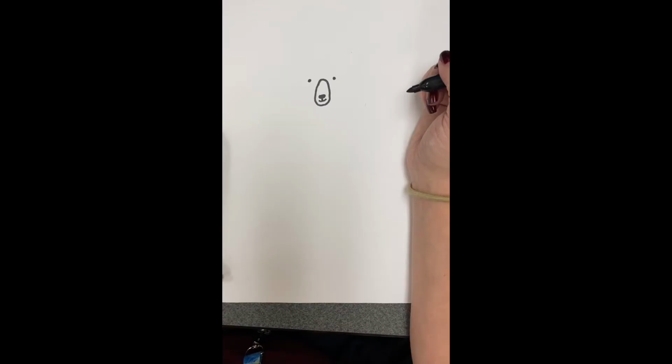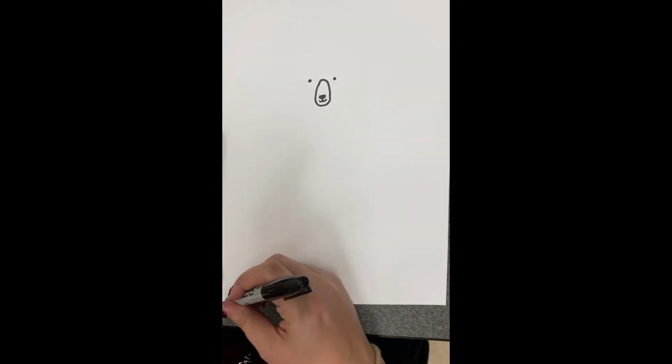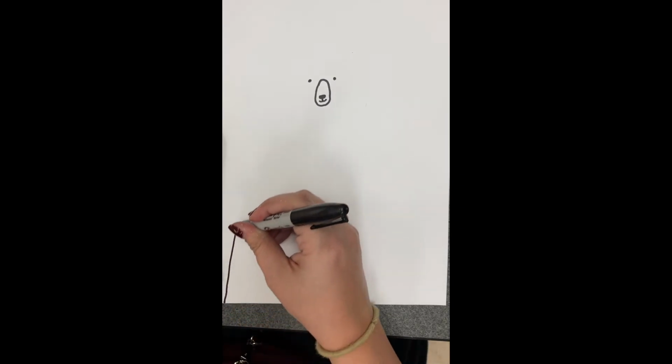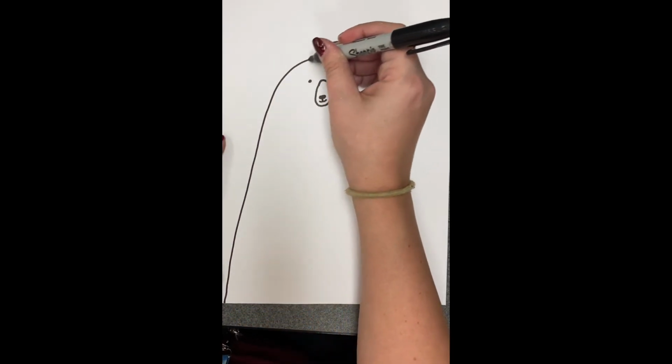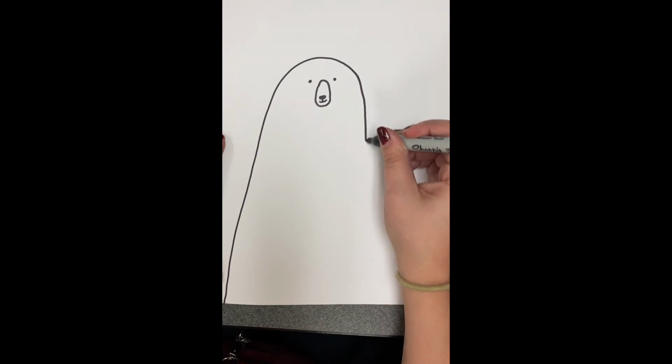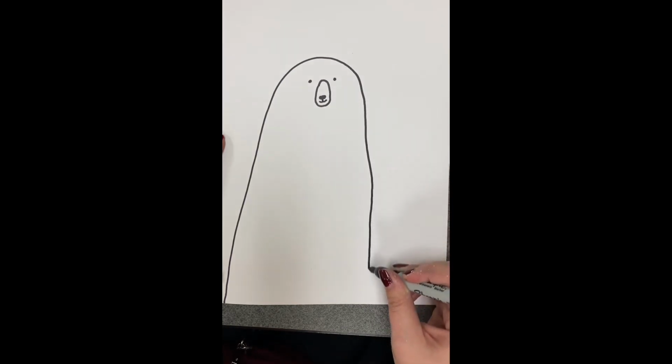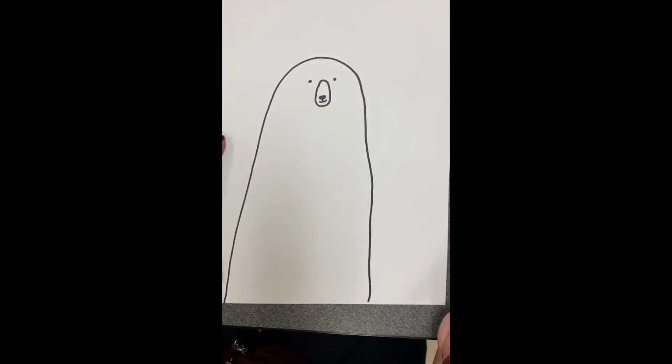Now for his body, we're going to start in the bottom left corner and go like a curved line at the bottom, almost like a big U or rainbow, all the way up and back down. Now we are going to add the arms.